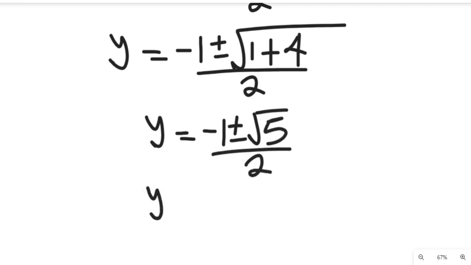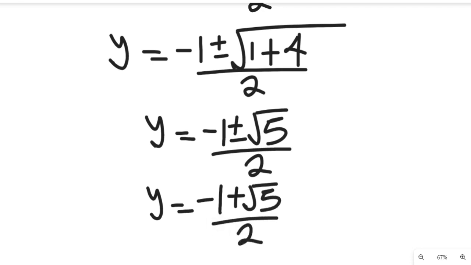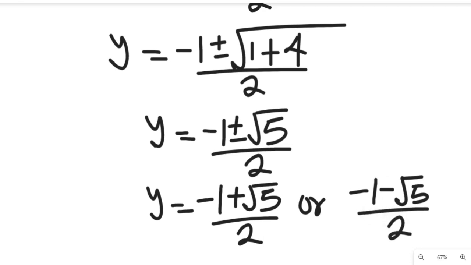So our y will give us two results. We'll have -1 plus root 5 divided by 2, or we'll have -1 minus the square root of 5 divided by 2.